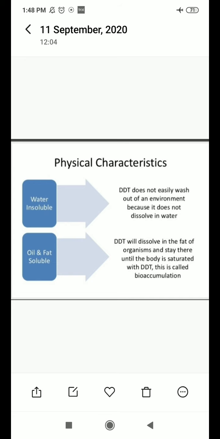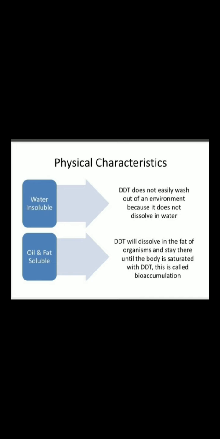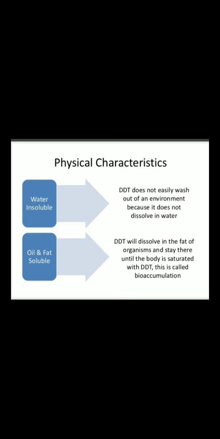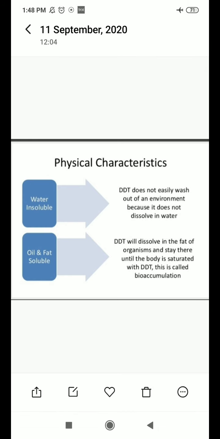It is insoluble in water, meaning DDT is not soluble in water. DDT does not easily wash out of an environment because it does not dissolve in water, so it remains in the environment for a long period. It can be sustained or survive in the environment.